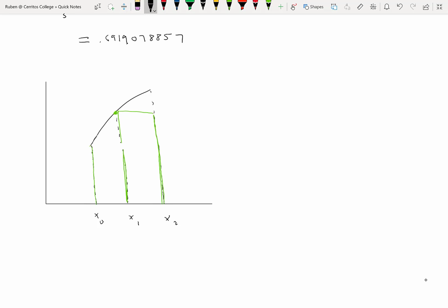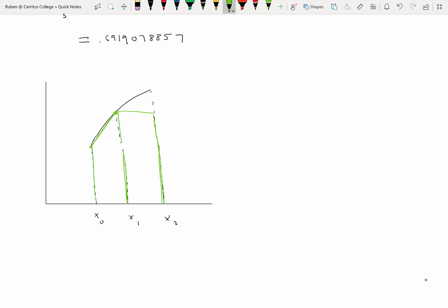Give me a second here to fix my drawing. Okay. Here's my function. I'm going to connect the left-hand endpoint with a line segment. Look at what I did with the error. I pushed the error out.